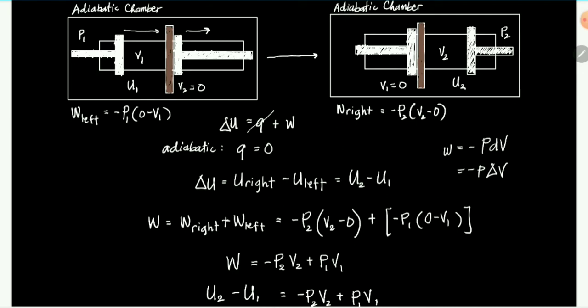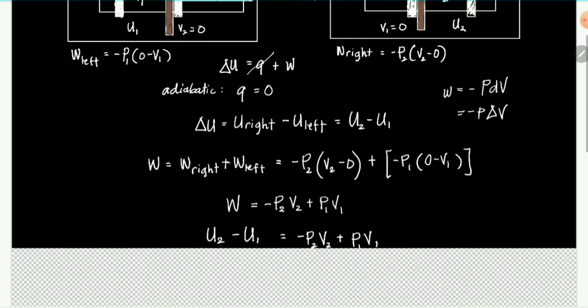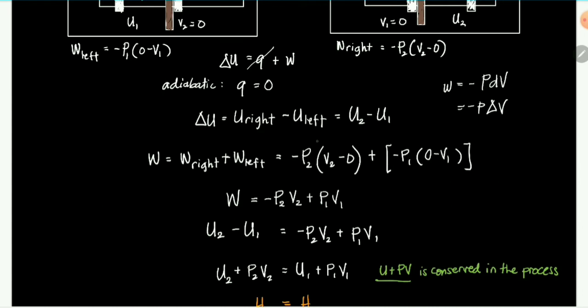That is why delta U is right minus left. So work is negative P2 V2 because of this, plus P1 V1 because of this.